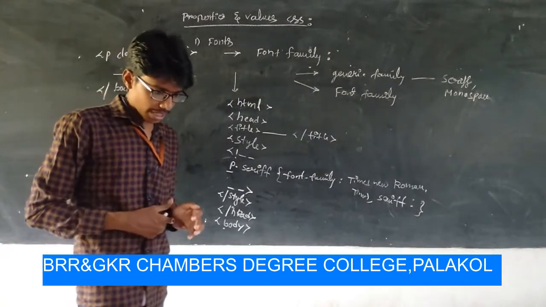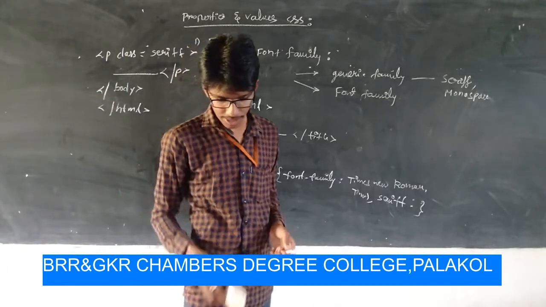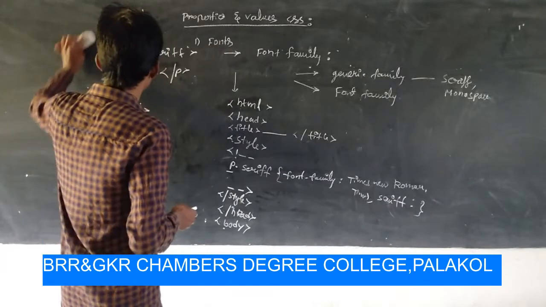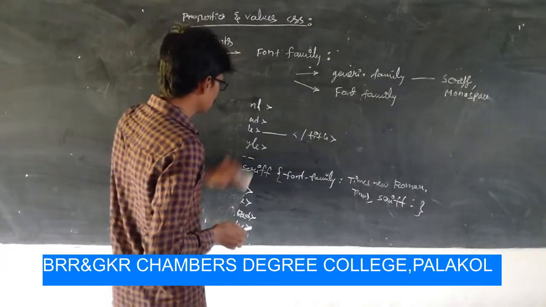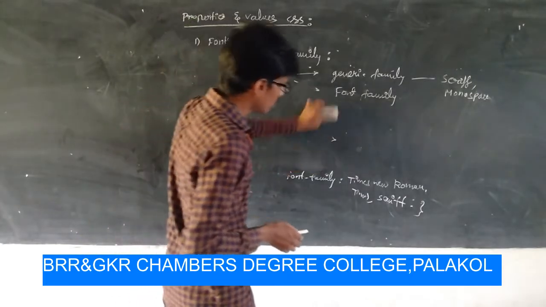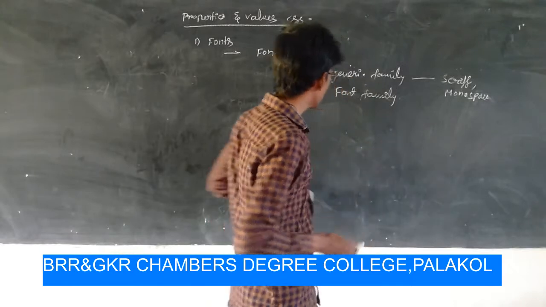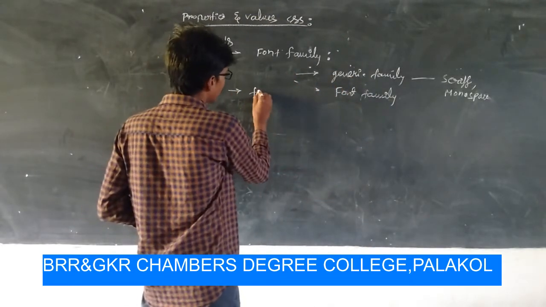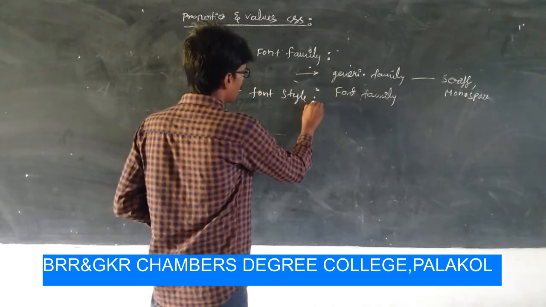The second one is the style of the representation. In this category, after font family, the next property is font style.